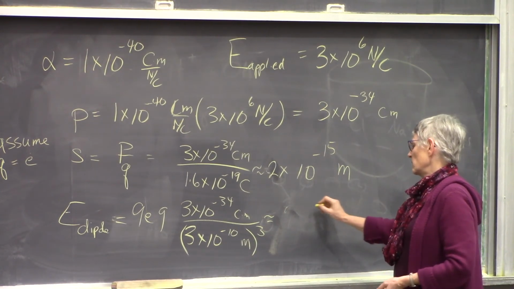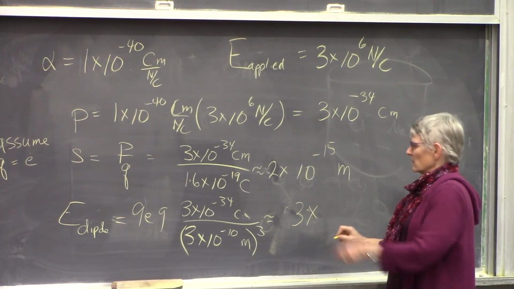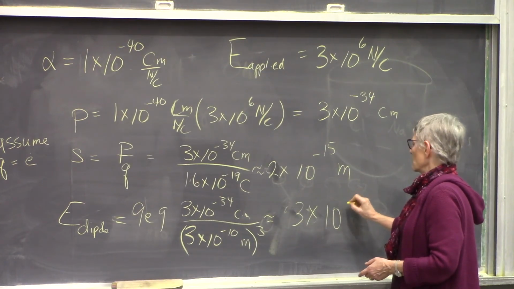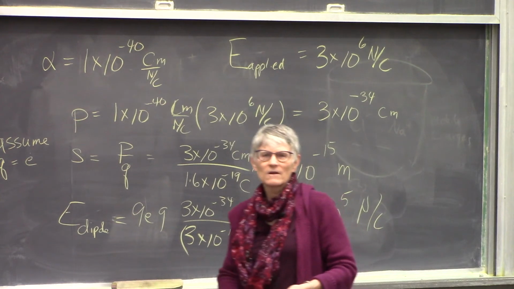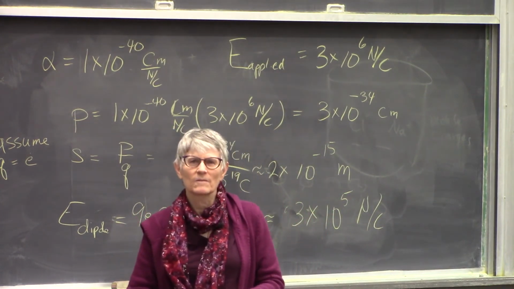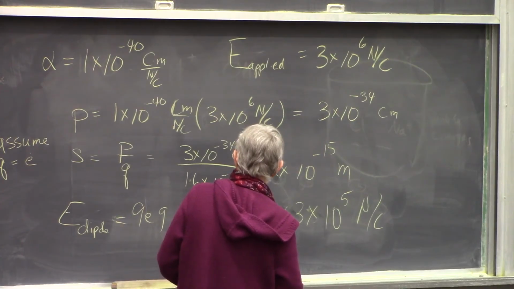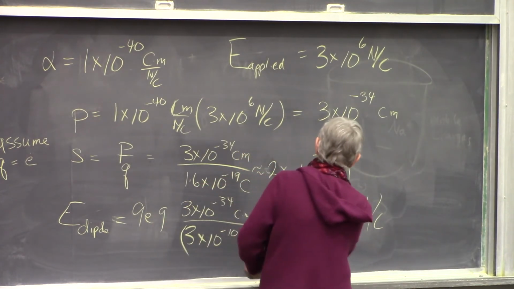So we have a minus 4 and a plus 9, 10 to the 5th newtons per coulomb. That sounds better. I think the 9 times 3 upstairs cancels to the 27 downstairs. Yeah, you're right. Yep, right.